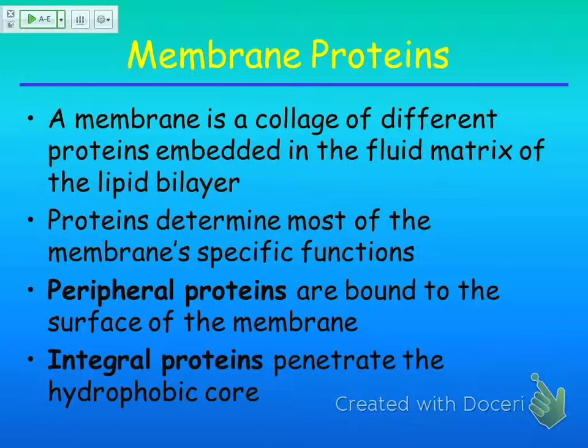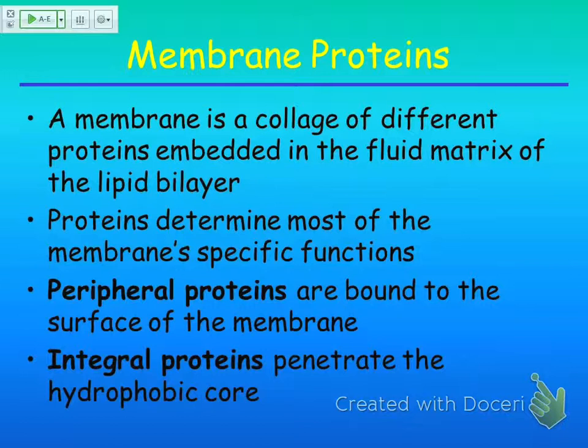So if we're on the periphery of Allentown, or on the periphery of Bethlehem, we're on the outer edges of it. So peripheral proteins are going to be bound to the surface of the membranes.